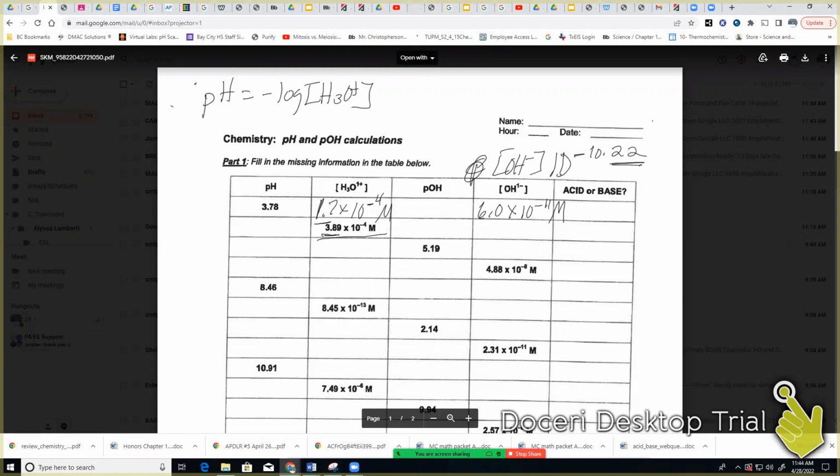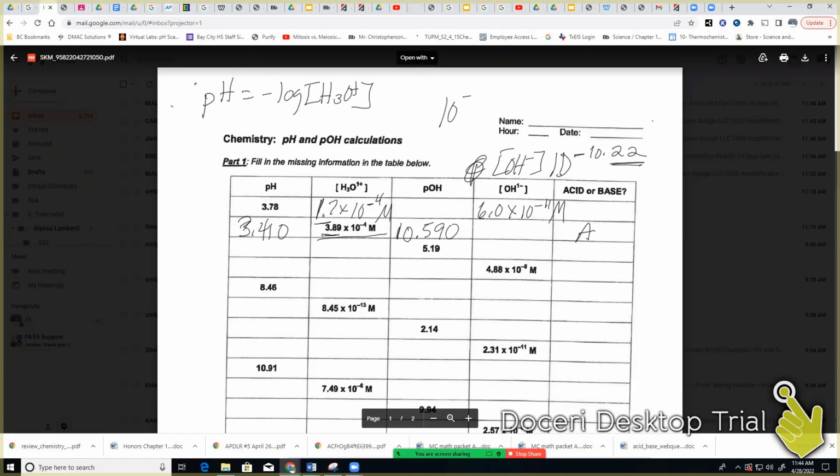Noah, what'd you get for that one? Perfect. Me too. All right. So once you get that, I would do a couple of easy things. I'd say it's an acid. I would subtract it from 14 to get my pOH. And then that I would use finally to get my hydroxide.